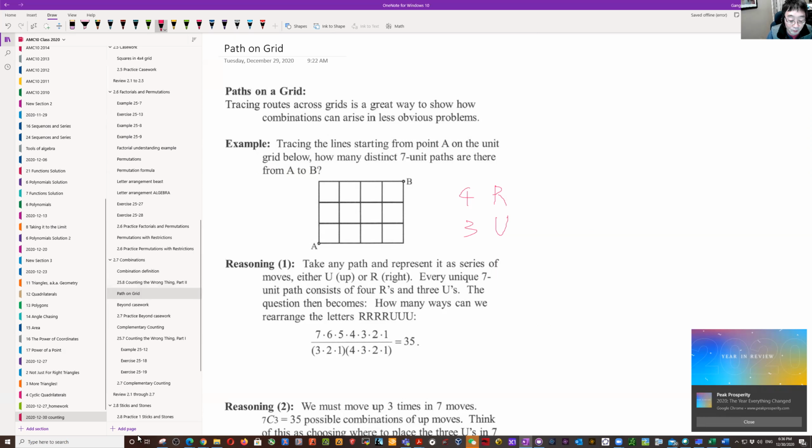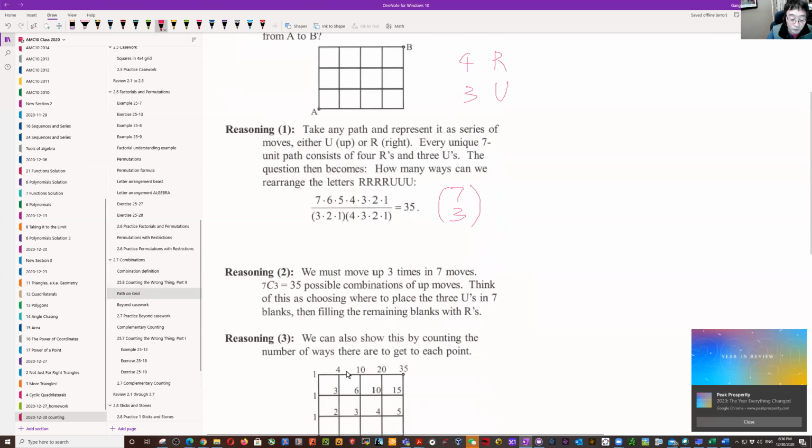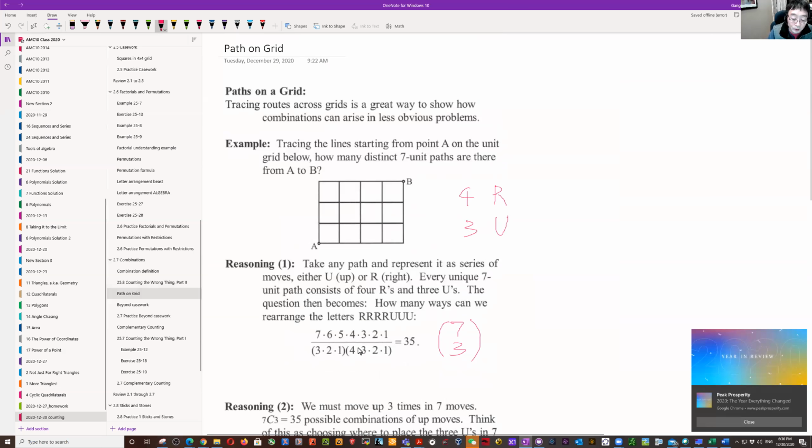It's 7 factorial divided by 3 factorial times 4 factorial, which is actually 7 choose 3. There is another way of reasoning that is easy to remember: because we have 7 steps to move, instead of using the letter arrangement equivalence, we can just decide, out of these 7 steps, in which 3 positions we are supposed to move up.